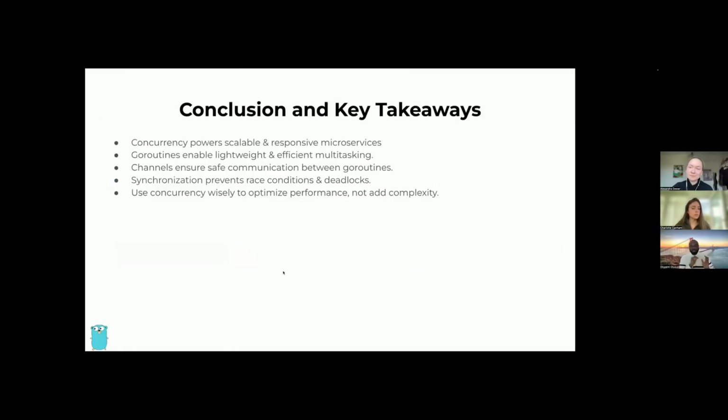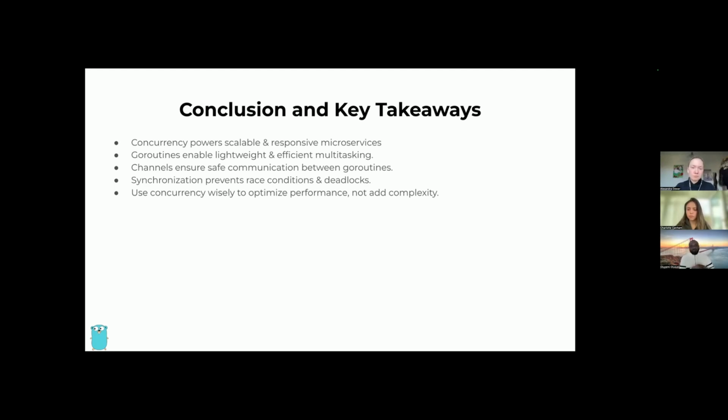So with this, the key takeaway is concurrency powers scalable and responsive microservices. Goroutines enable lightweight, efficient multitasking. You can spin up tons of Goroutines to carry out the same process on a particular data. But how you handle the shared data and safe communication between all of those Goroutines depends on how you control it. And of course, synchronization, as we saw earlier, can prevent race conditions or deadlock.